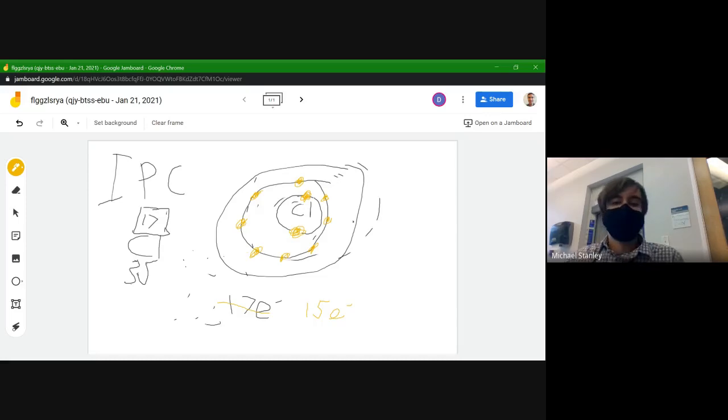So 8 is the maximum. We can't fit any more electrons on the second shell. It is all full. But we're not done yet. We put down 8 of our remaining 15 electrons, so now we still have 7 electrons to go.